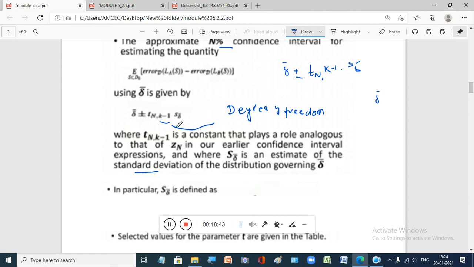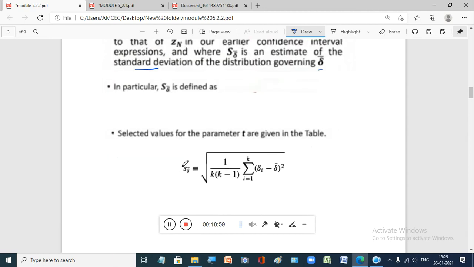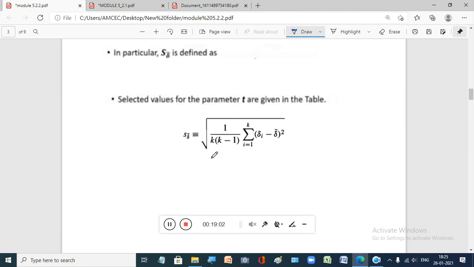How do we find it? It is the square root of 1 divided by k into (k minus 1), where k is the number of partitions, the k fold, times the summation for i equal to 1 to k of (delta i minus delta bar) whole square.